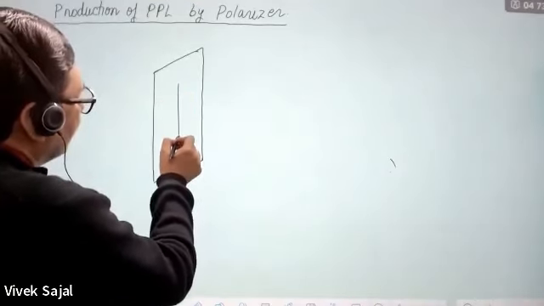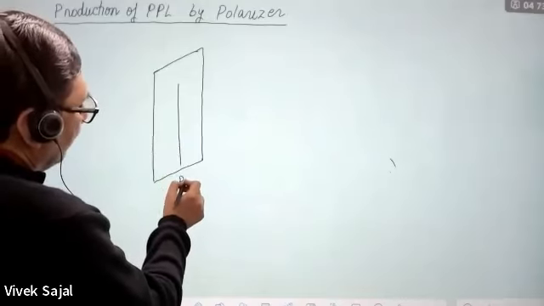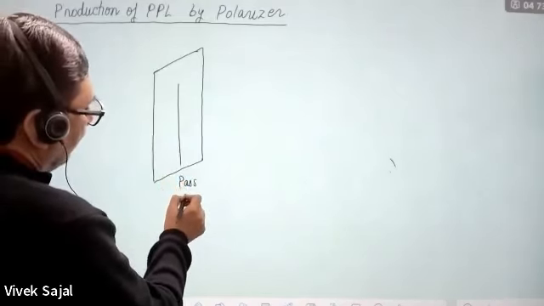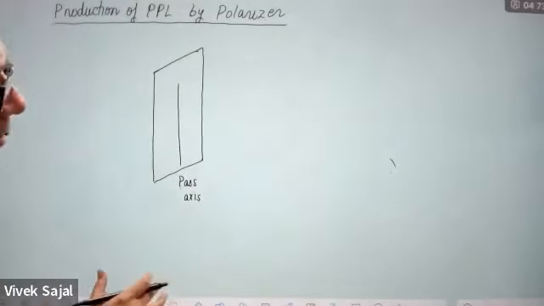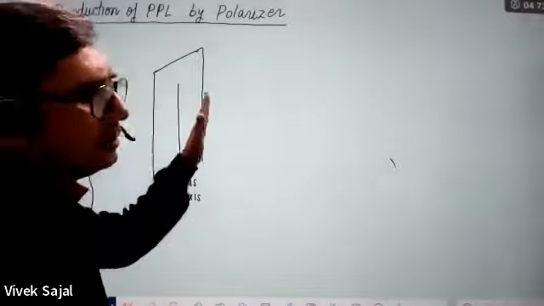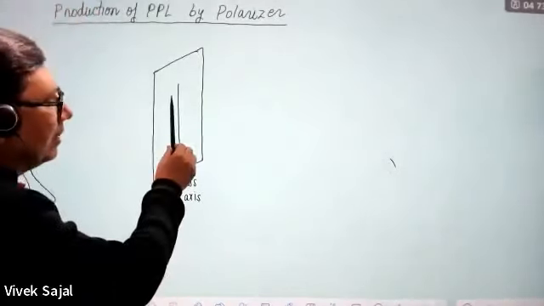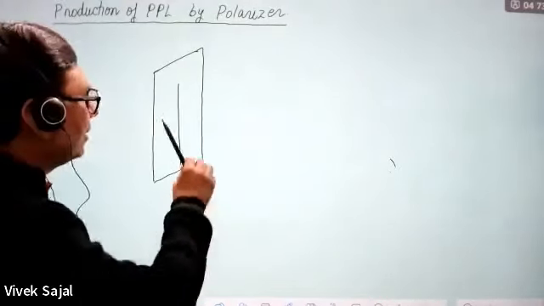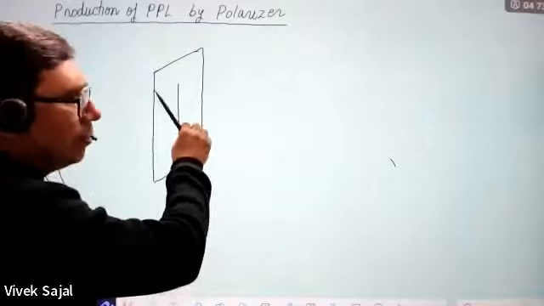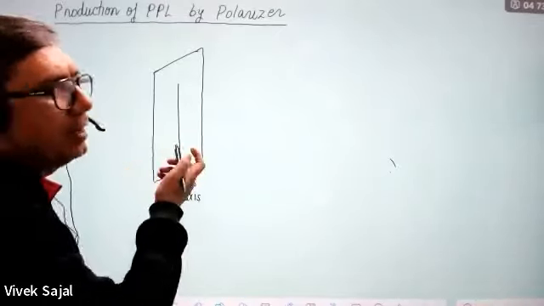Suppose this is the pass axis of the polarizer. When light is incident on it, the electric components parallel to this pass axis will pass through it, and all other components which fall on it will be reflected back or absorbed.